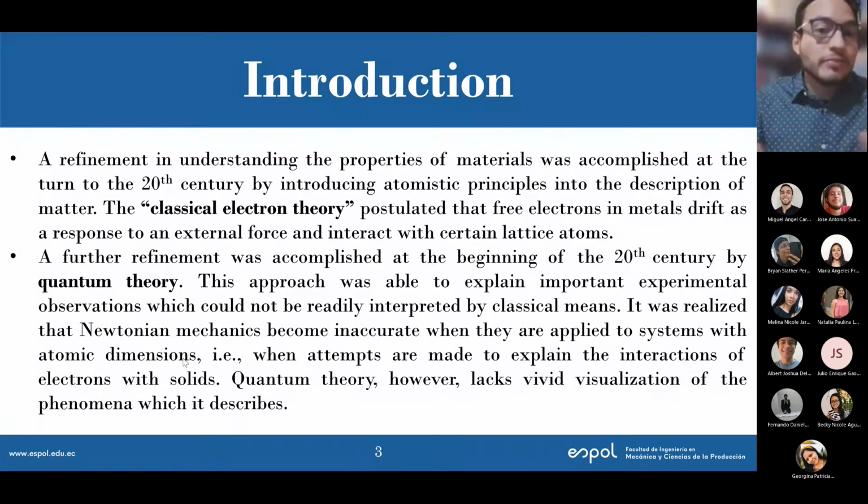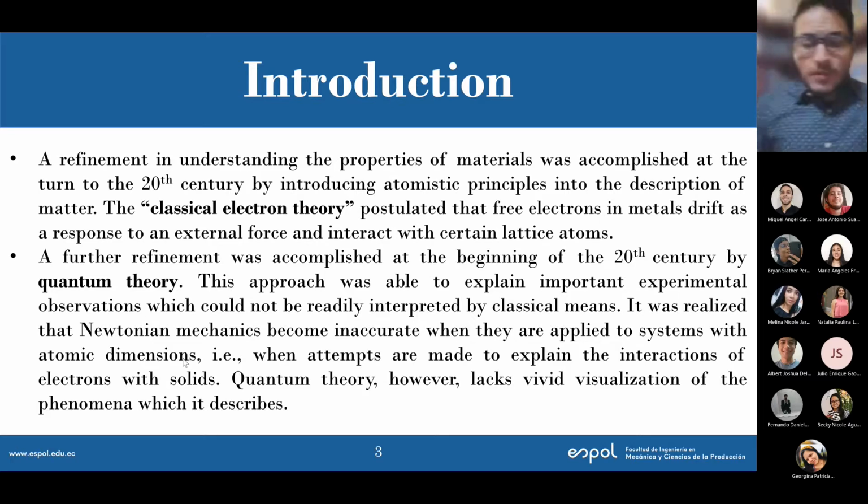And that usually means an external force. And these electrons interact with lattice atoms. So it was quite simple, trying to understand how electrons work. Everything it was saying is just that free electrons drift as a response to an external stimulus and interact with other atoms. And that was it.